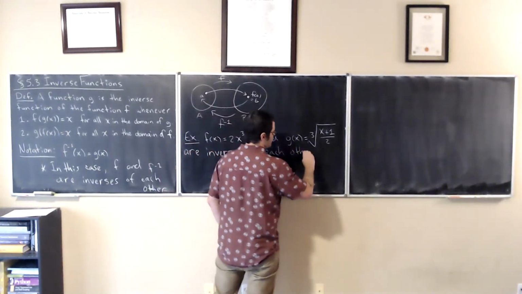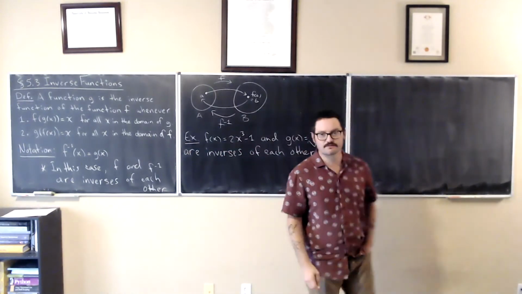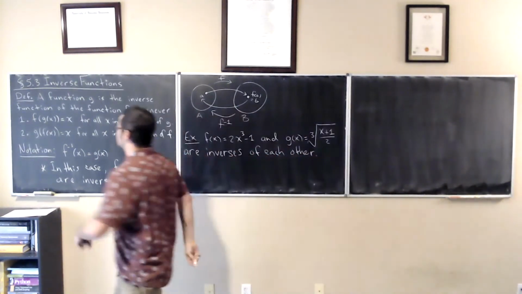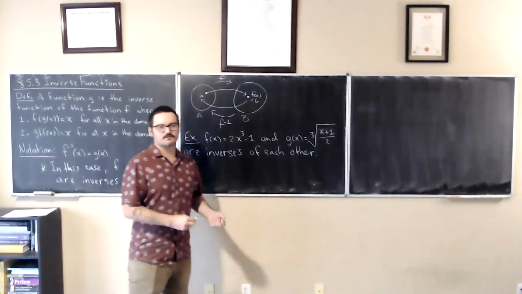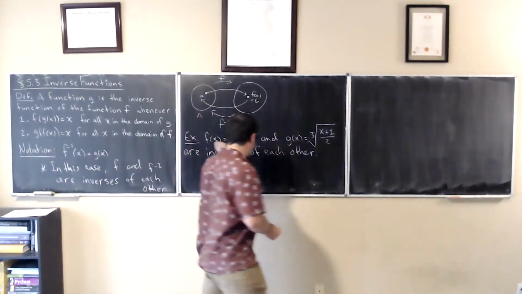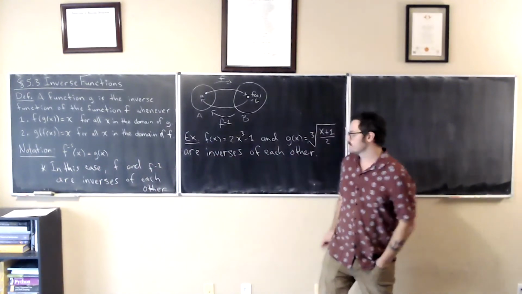If these are inverses of each other, they better satisfy this definition. If we compose this function with that, we better get back x. If we compose this function with that function, we better get back x.